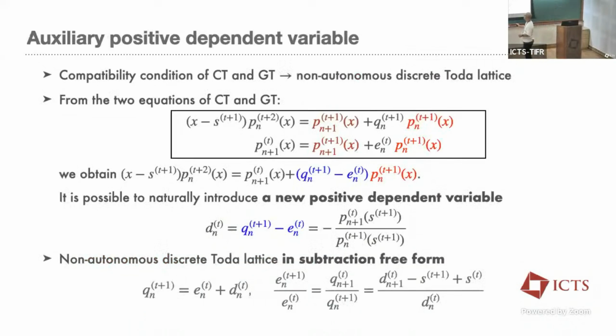So this is our Christoffel transformation and the Geronimus transformation, slightly shifted. So here we can delete this middle term, Pn plus 1, t plus 1. We can kill this term by using the 2 relations. Then we will obtain the other type of relation. Of course it's not an independent one, but it will bring us a new dependent variable d_n t.